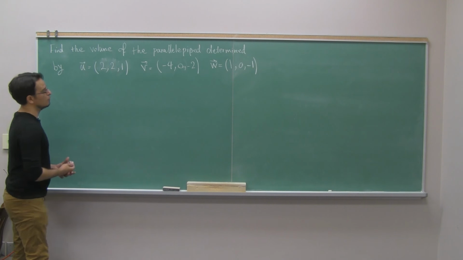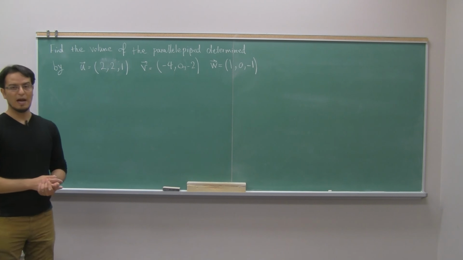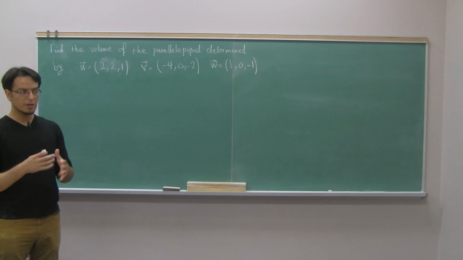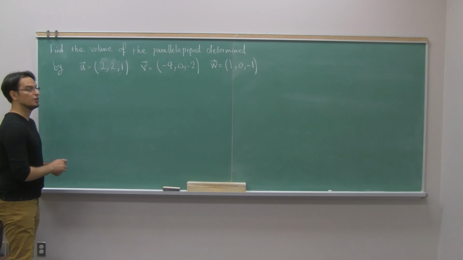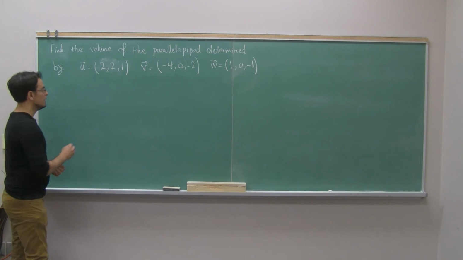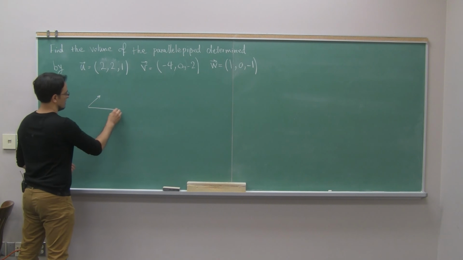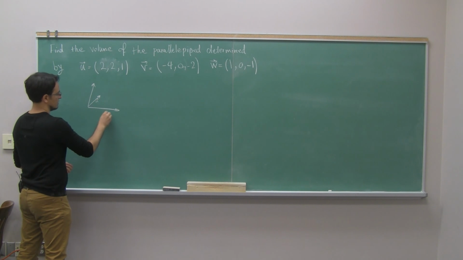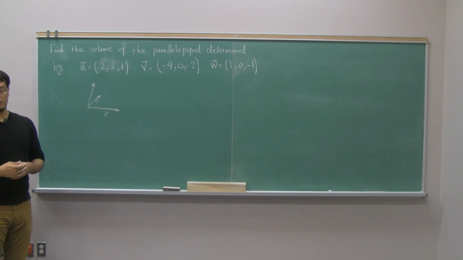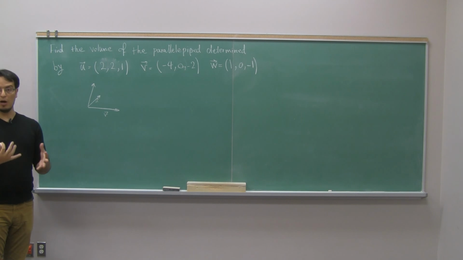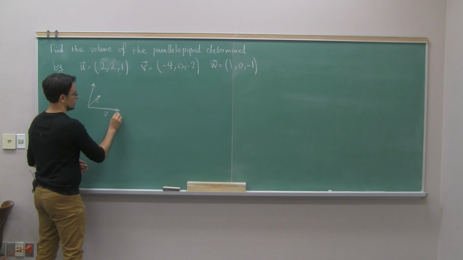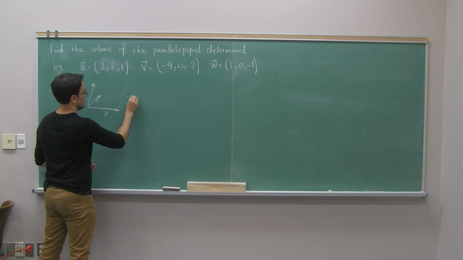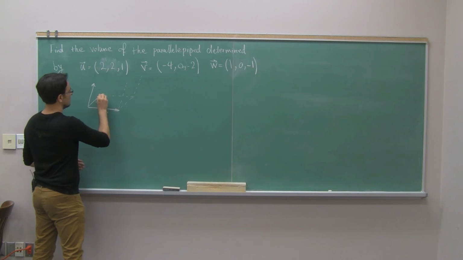First, what is a parallelepiped? If I have three vectors in R3, and they're good, meaning that they're not in a plane, then if this is U, this is V, I can generate a box of this form.